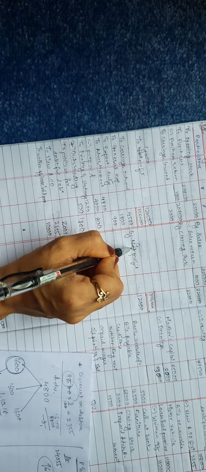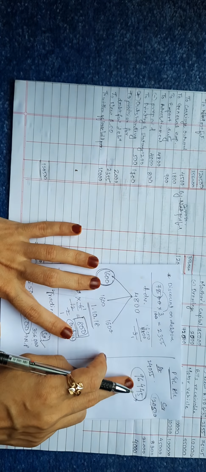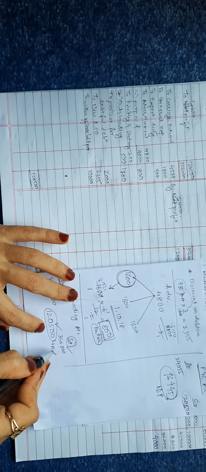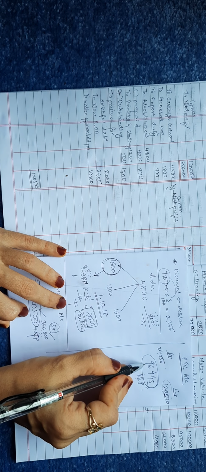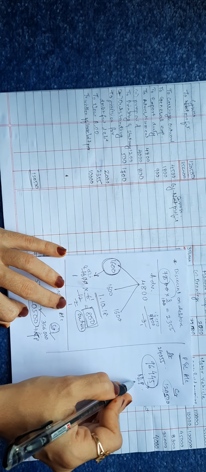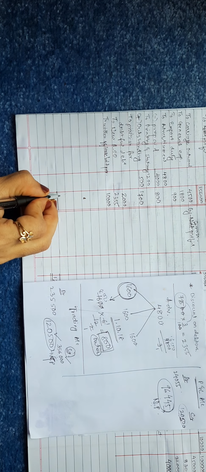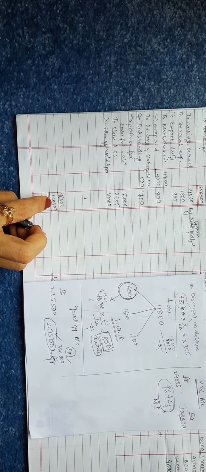This is also gross profit. This difference in profit and loss will be our net profit. It was gross profit and it is net profit. So the difference of 96,445 will be net profit, which has to be written here, 96,445. This is called net profit.